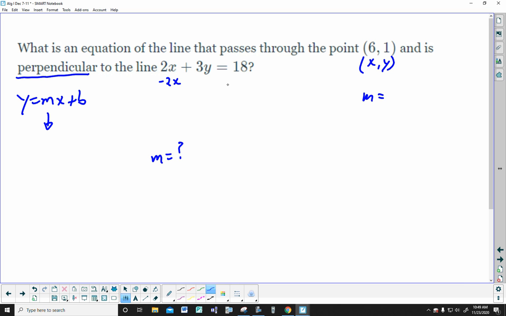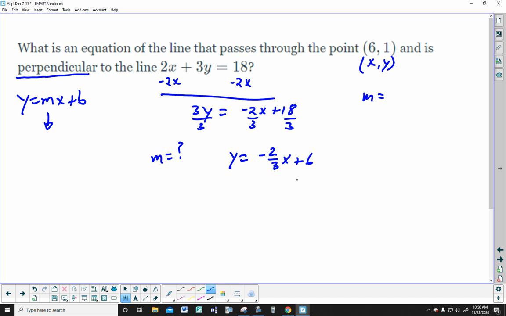So I'm going to cut 2x off of both sides. So I have 3y is equal to -2x plus 18. Then I'm going to divide by 3. And so you get y is equal to -2/3 x plus 6. So the slope of the line that you're told is -2/3.